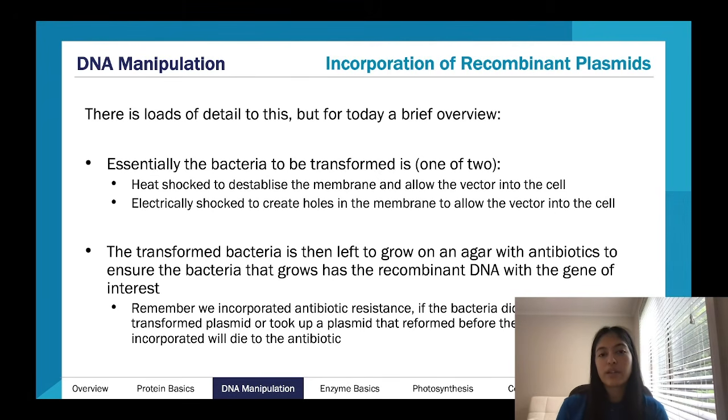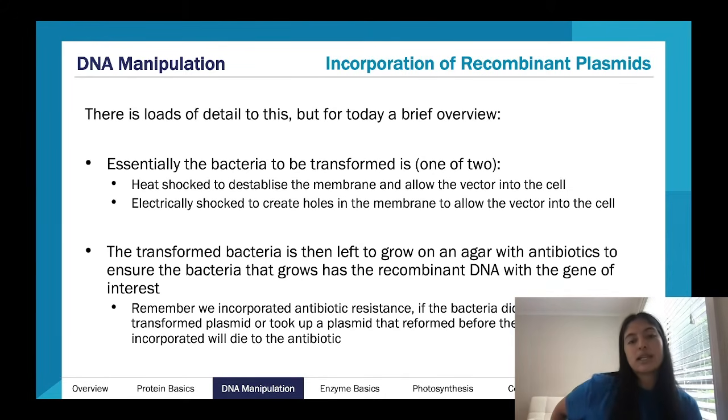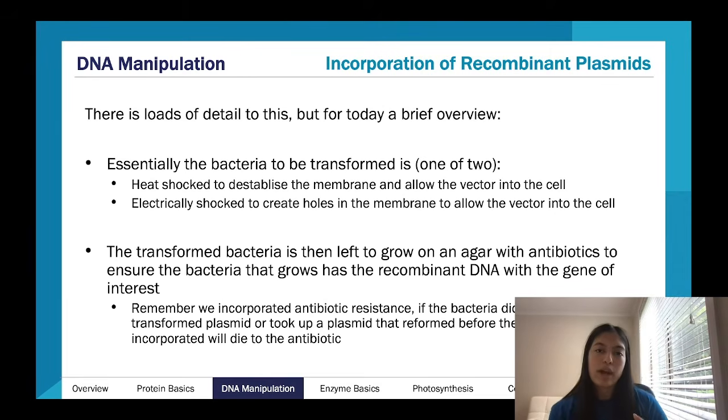That's why the antibiotic resistance gene is really important as well. And also sometimes the plasmids may not take up the gene, stuff like that. So that's why the antibiotic resistance is needed. It's like a little tag to say which bacteria have got the plasmid that contains the insulin gene in it.